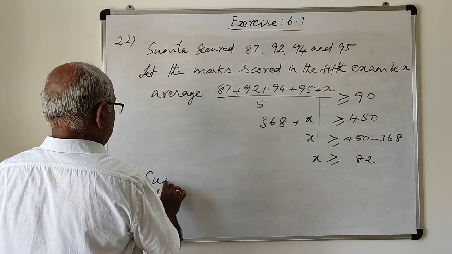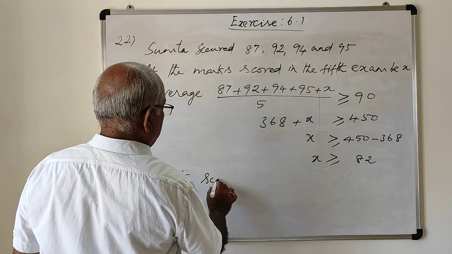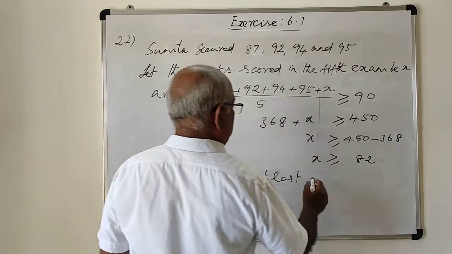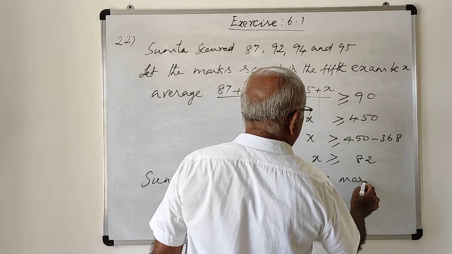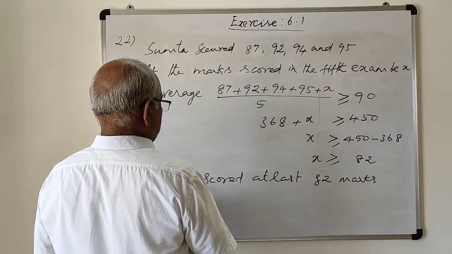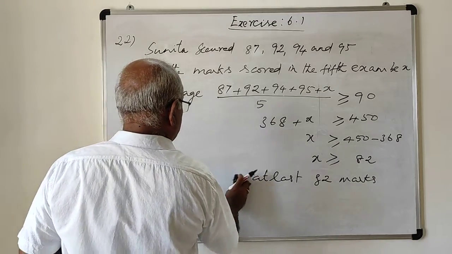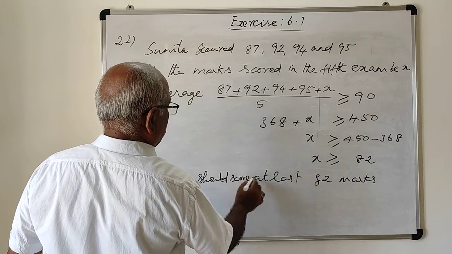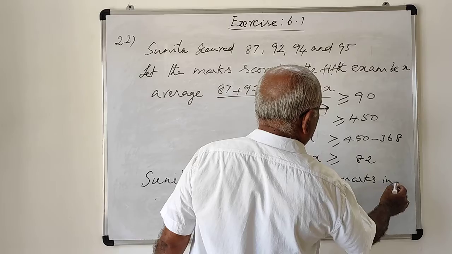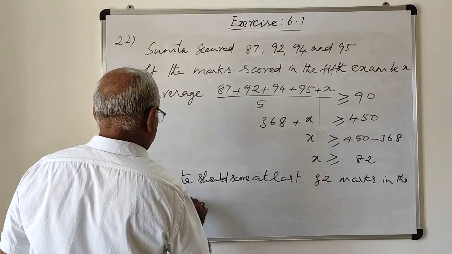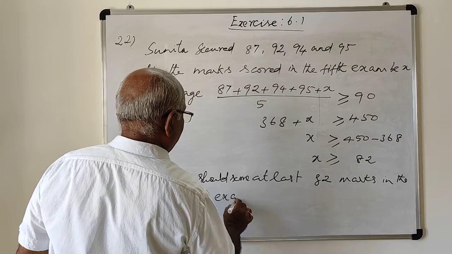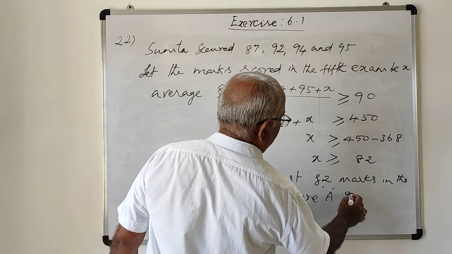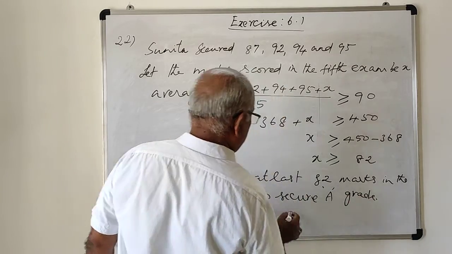So Sunita should score at least 82 marks in the fifth examination to secure A grade. That's all about the problem.